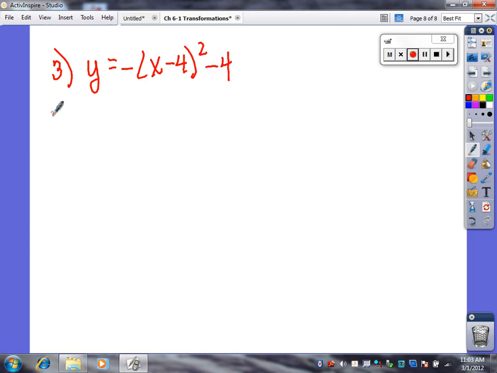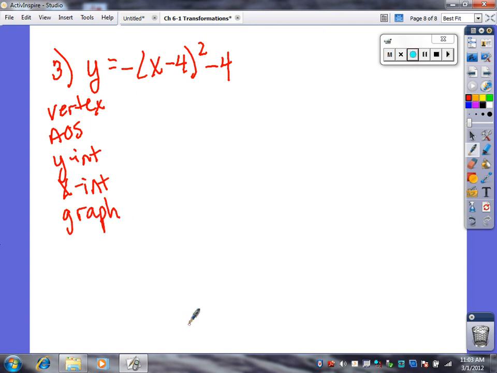You need to find all the pieces, the vertex, the axis of symmetry, the y-intercept, the x-intercept, and you need to graph it. Okay? So watch the video, finish graphing number 2, and complete number 3.